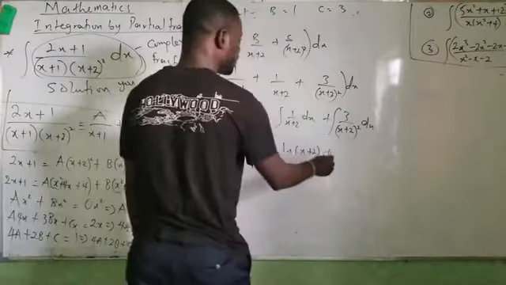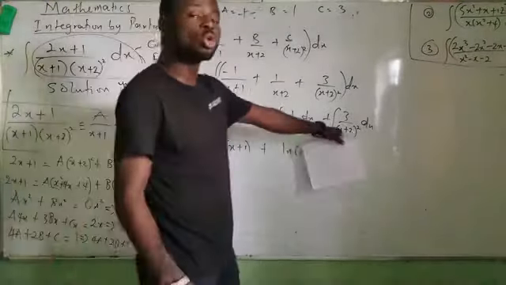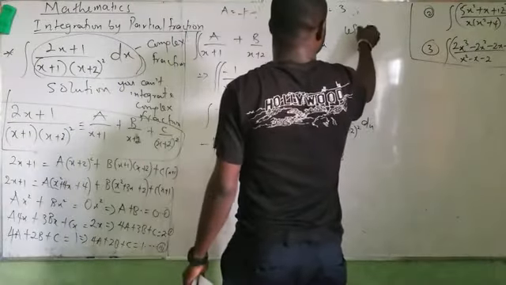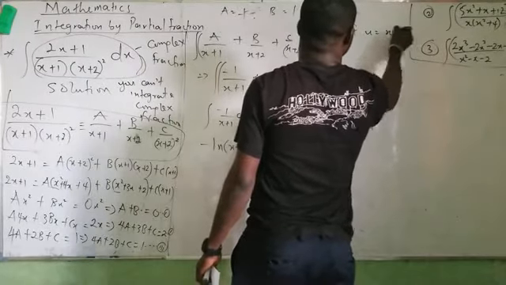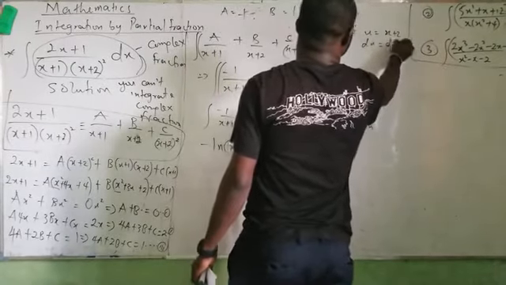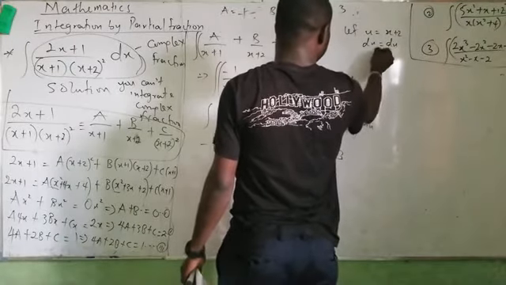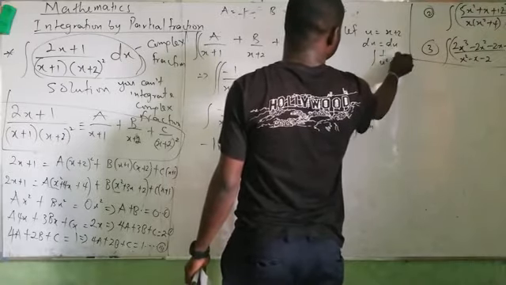Now, this is going to be a very technical part. How do I integrate this? You have to go by substitution. Let u equal x plus 2, so du will be equal to dx, and this will be 1 all over u squared du.